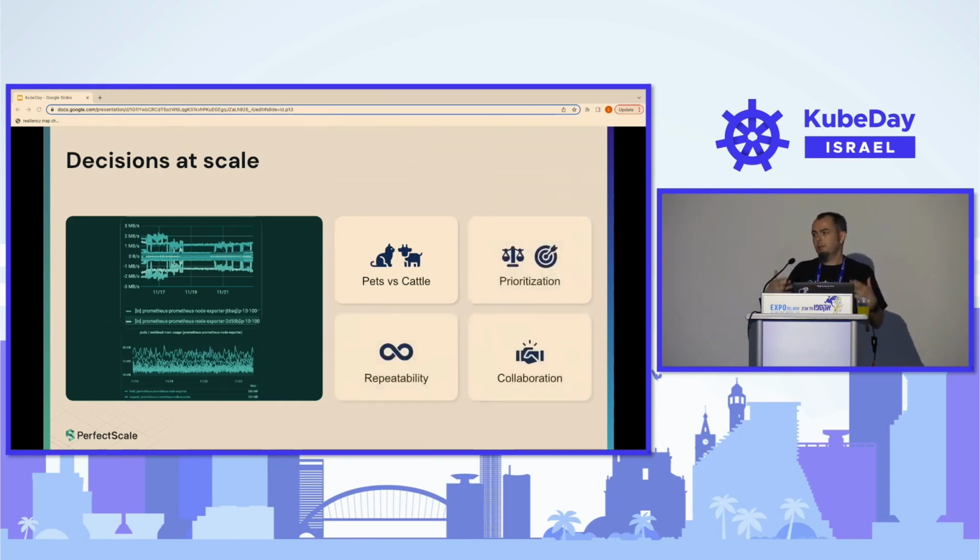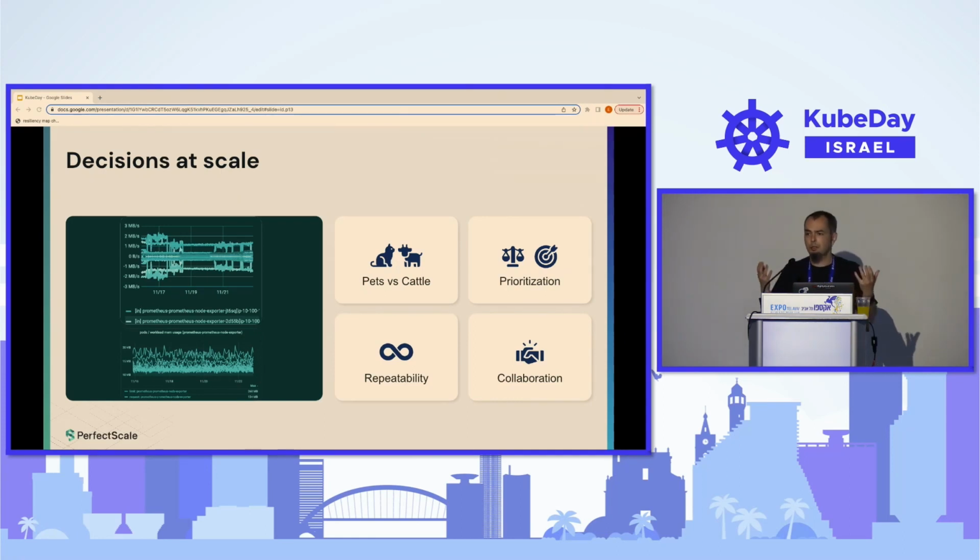A few more things to think about is prioritization. How did you decide that your particular cluster is unoptimized and you want to improve its optimization? So how do you prioritize things there? Repeatability. Your clusters have multiple deployments a day. There are waves of load that are coming and going.